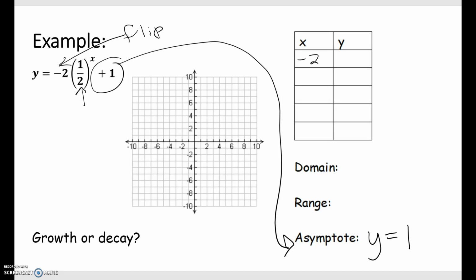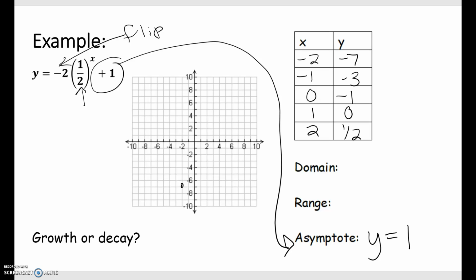I'm going to change them just a little bit so I get some prettier numbers on my graph. So I'm going to go from negative 2 to positive 2 in my x values. I get -7, -3, -1, 0, and 1/2.